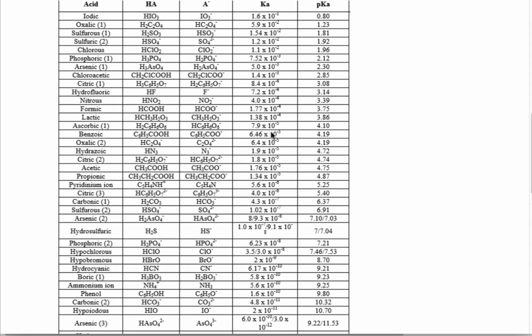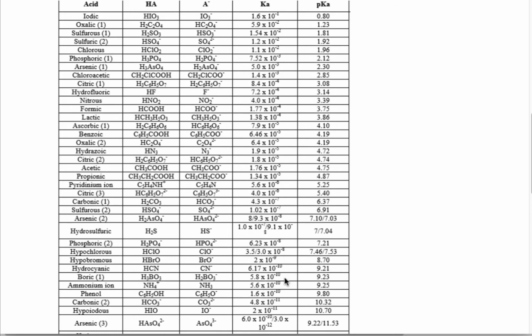And if we scan down, we can see that the strongest of the weak acids are things like iodic acid that only have a little tiny bit, just slightly smaller than 1. So this would be 0.16, or 0.059 for oxalic acid. And then you can go down to much, much smaller.